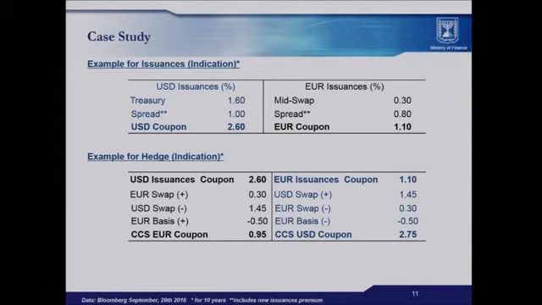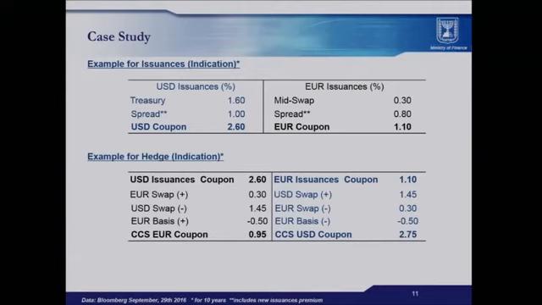That means that we can issue a US dollar bond, swap it to euro using cross-currency swap, and receive a lower cost than issuing directly in the euro bond market. If we do the opposite, we issue in euro and swap it to US dollar, we'll receive a coupon of 2.75, which is higher than issuing directly in the US dollar market.